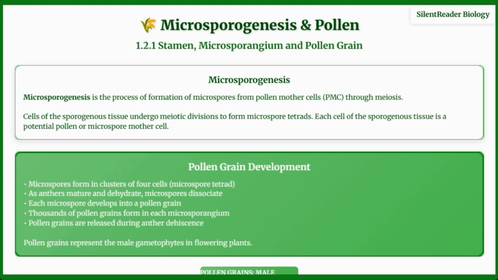Each cell of this tissue is a potential pollen or microspore mother cell. As the anthers mature and dehydrate, the microspores dissociate from each other and develop into pollen grains. Inside each microsporangium, thousands of microspores or pollen grains form and are released during anther dehiscence. Pollen grains represent the male gametophytes.